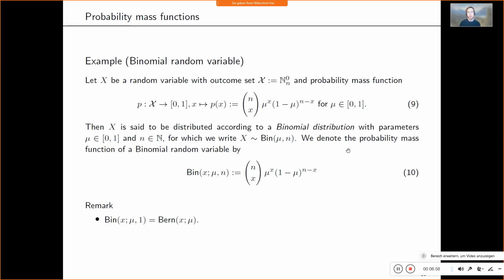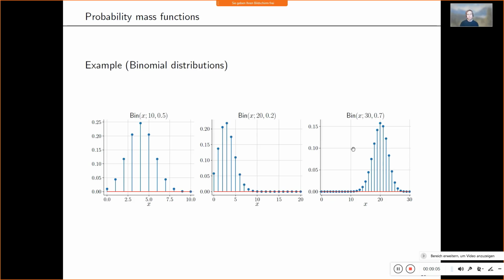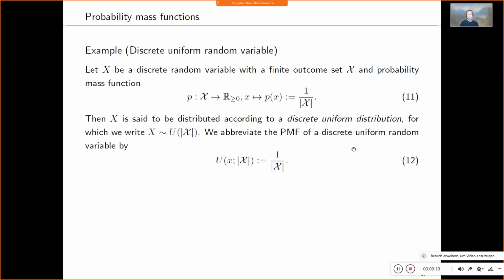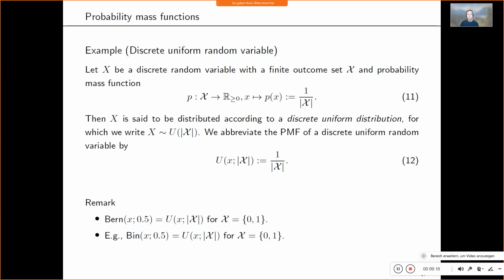There are, of course, many more discrete random variables. I include the binomial random variable here and some picture of that, and the discrete uniform random variable. It's always the same kind of definition and same kind of notation. Have a look at them. We don't need to discuss them.